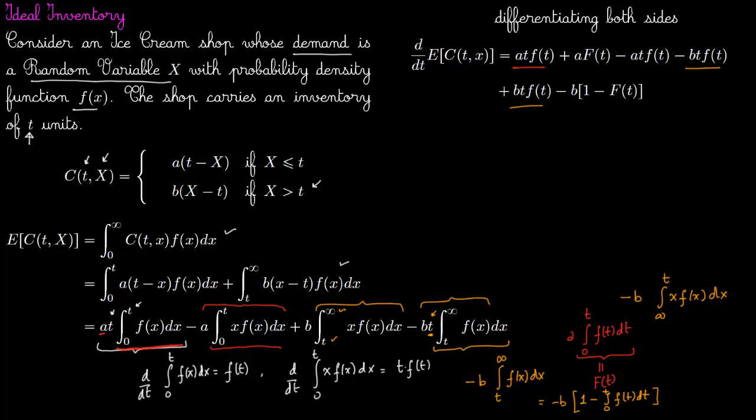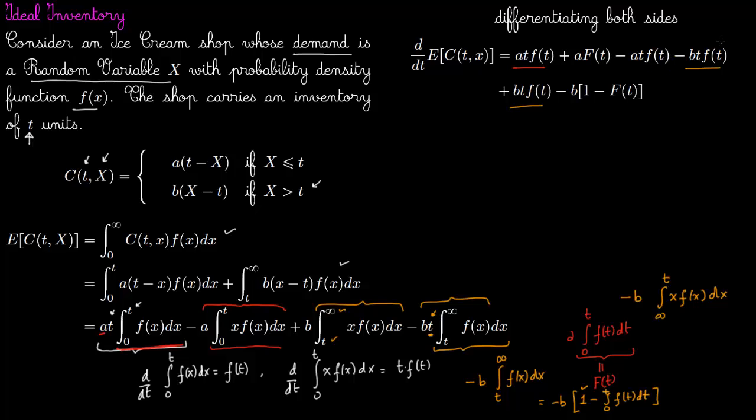So the integral from 0 to infinity minus the integral from 0 to t will give you the integral from t to infinity. And 0 to infinity is the entire area, because we are taking the demand which is positive. So 0 to infinity is the entire area, and that's why you have 1 here. So this is what we write here, minus b times 1 minus, and the second part is capital F of t.